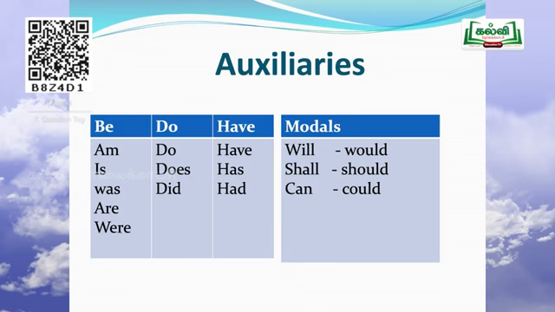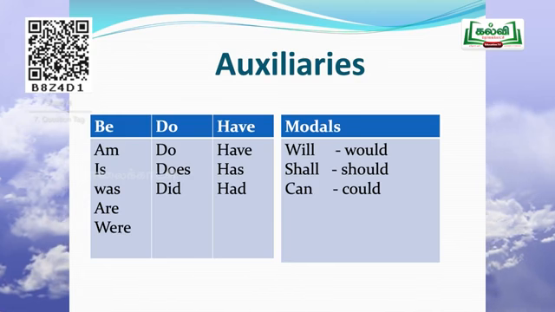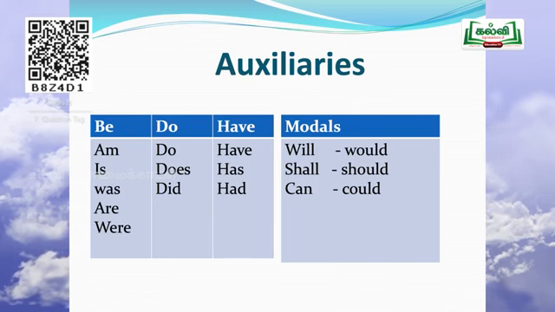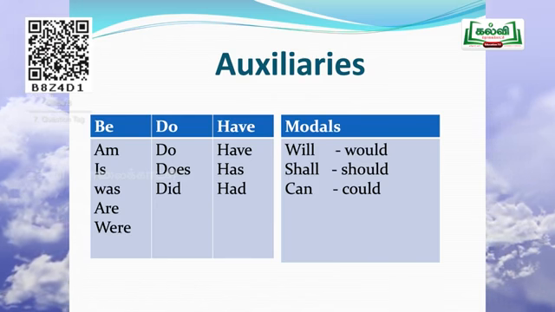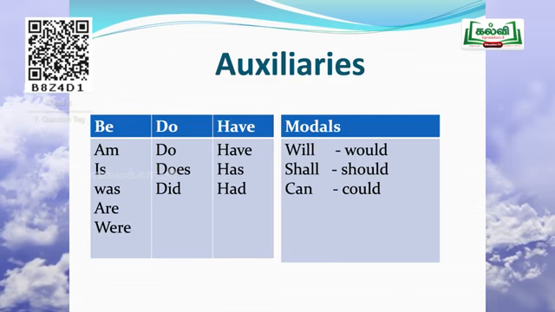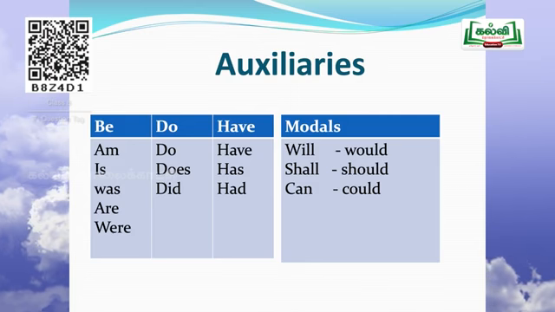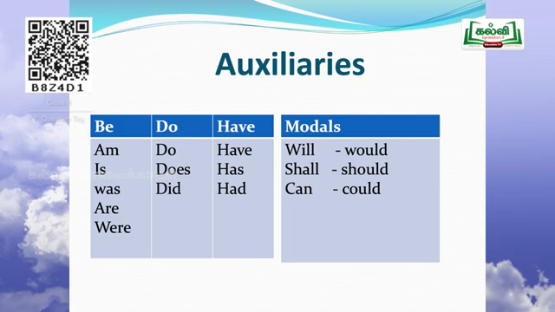Now let's revise the auxiliaries we are going to use while we form a question tag. Usually we have four kinds of auxiliaries: the be verb, the do verb, the have verb, and modals. Under be verbs we have am, is, are, was, or were. Do, does, did come under do verbs.